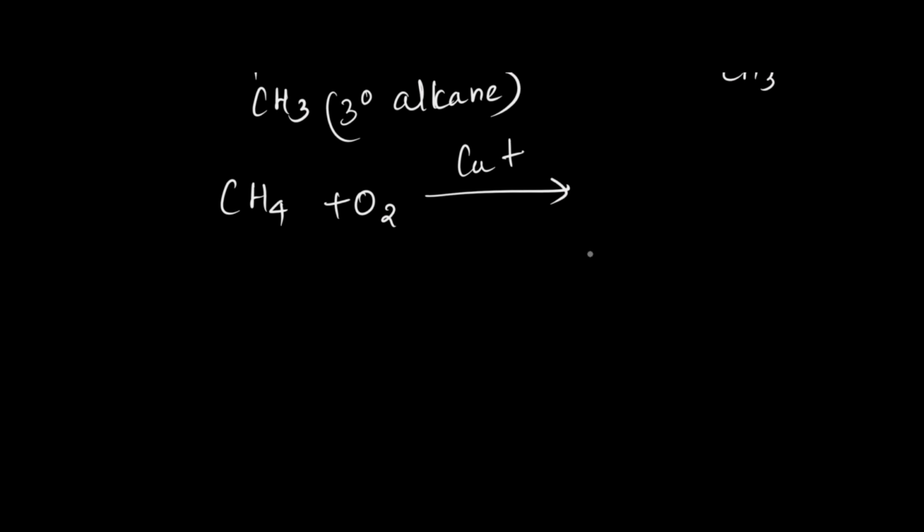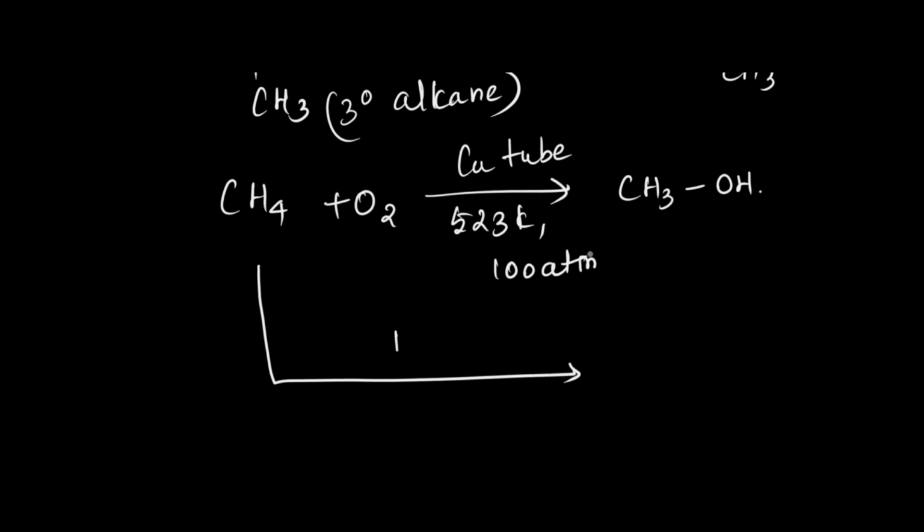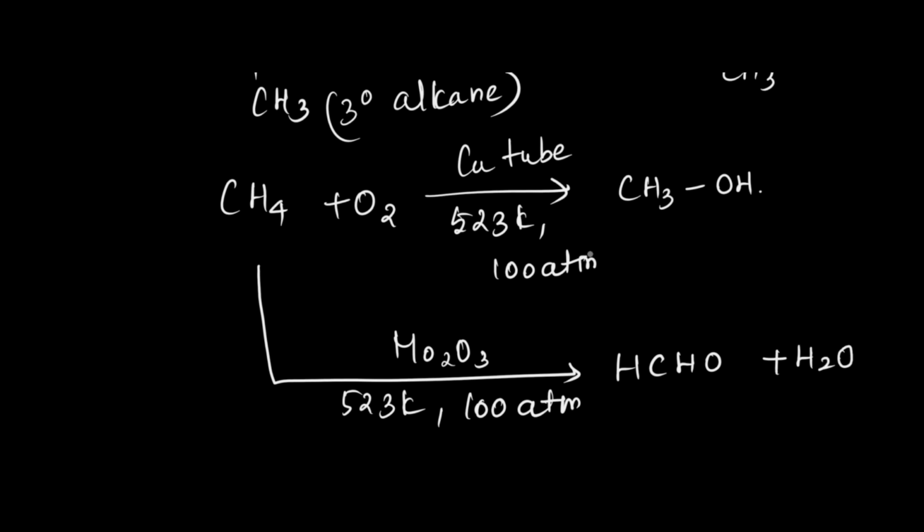So here I am treating it with copper tube at high temperature and pressure conditions. It will form CH3OH. And if I am treating it with molybdenum oxide with the same temperature and pressure, I am getting an aldehyde along with water.